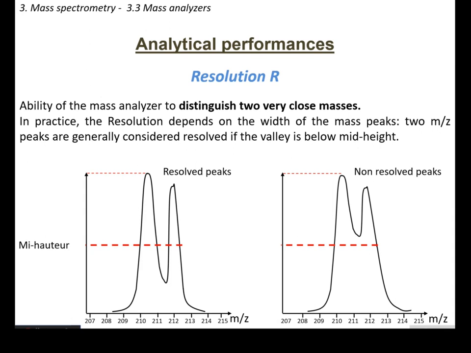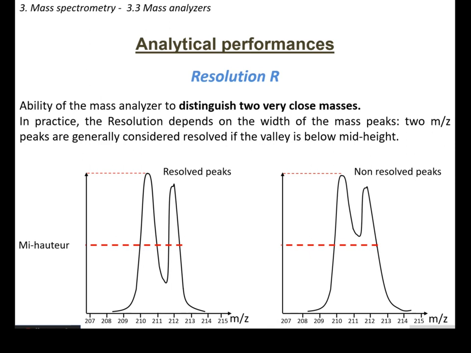Now, the resolution is the ability of the mass analyzer to distinguish two very close masses. So in practice, it depends on the width of the mass peak. Two ions with very close mass are generally considered resolved if the valley is below the mid-height.